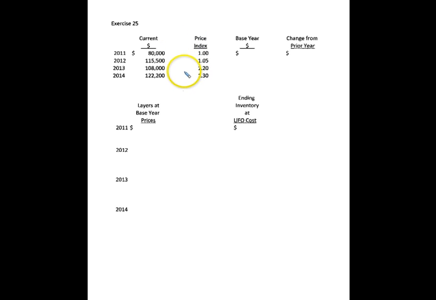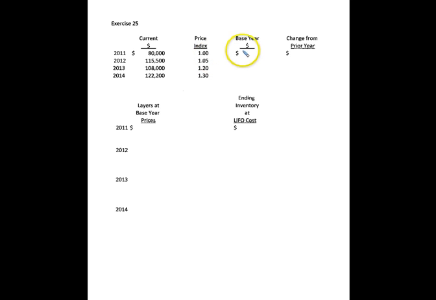Your textbook adequately covers that whole idea of where we get the index. It could be externally generated, or it might be something we develop on our own. Anyhow, in 2011 is when this company first started tracking LIFO. So we have $80,000. Given that's the base year, the price index is going to be 1.